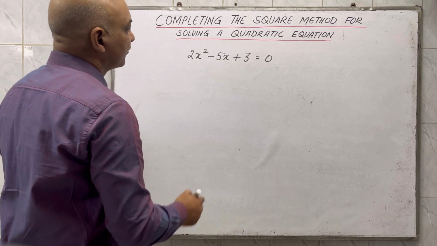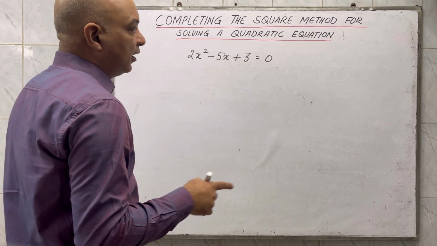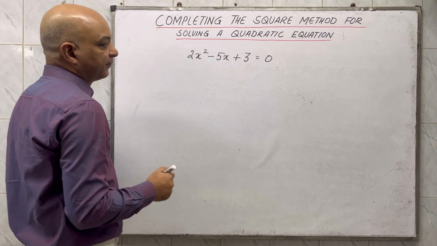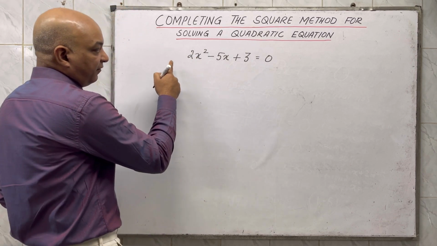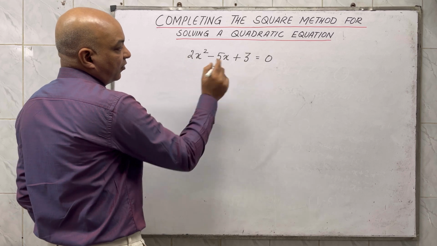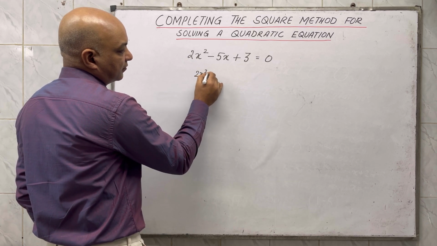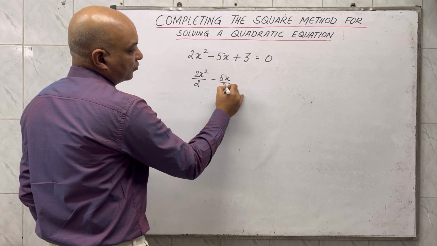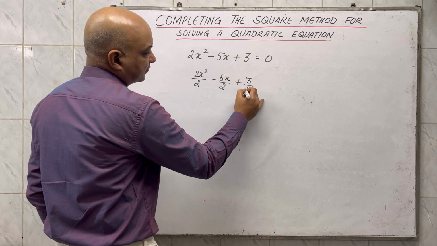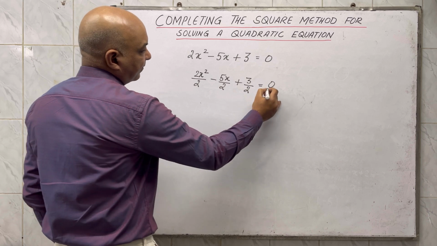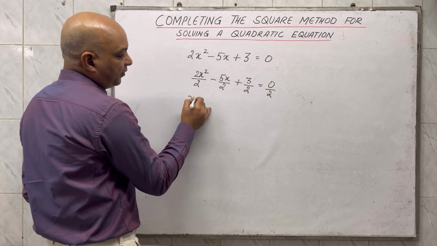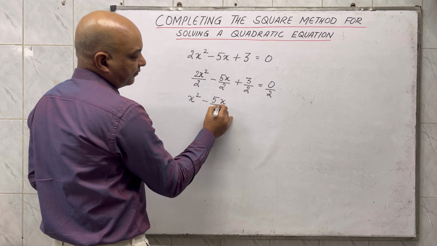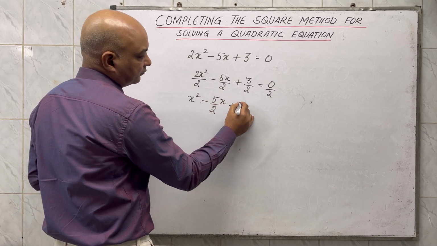So the first thing here will be to make the coefficient of x² as 1. For that, I will divide each term of the equation by 2, on both sides, in order to make the coefficient of x² as 1.